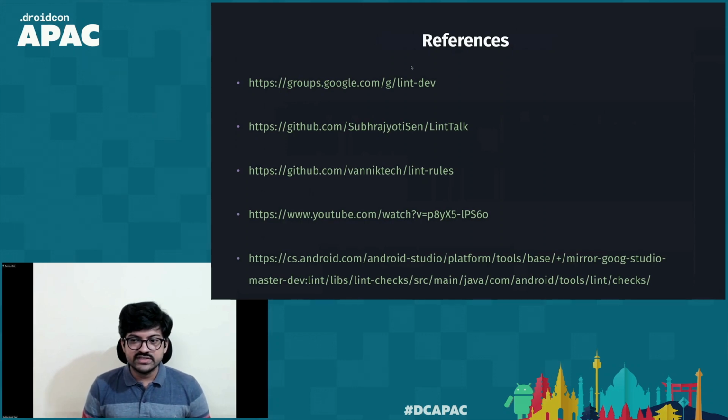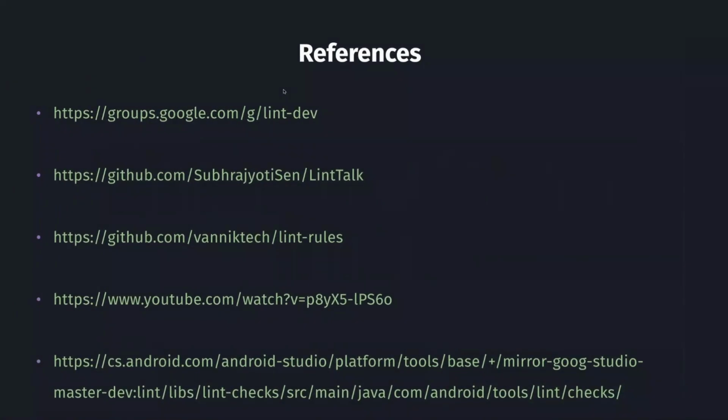A few references if you want to learn more about Lint. The first is the Google group on Lint. Lots of people ask quite interesting questions, some issues they face, so it's a pretty good place to know what the different kinds of Lint rules people are writing. Second is a repository, which has examples for this talk, which will be updated later today. The third is a GitHub repository, which has a big collection of Lint rules.